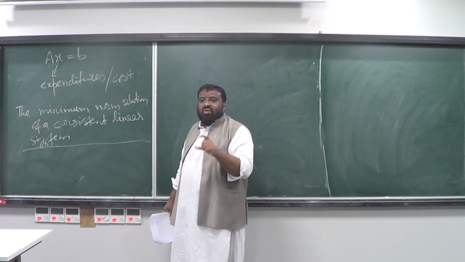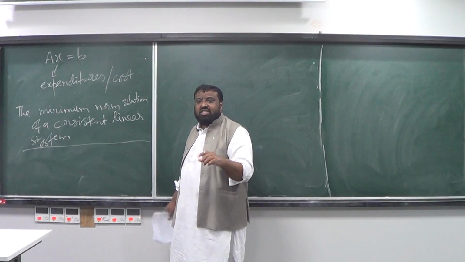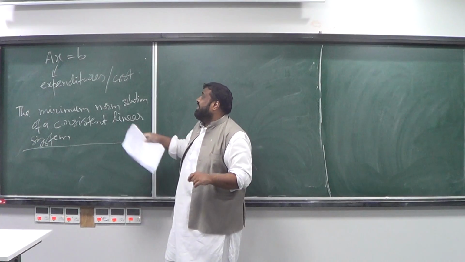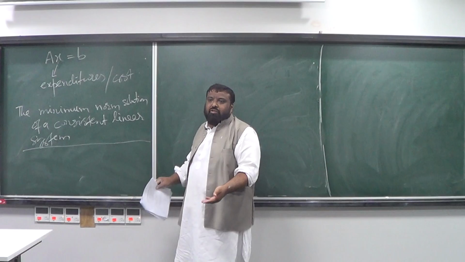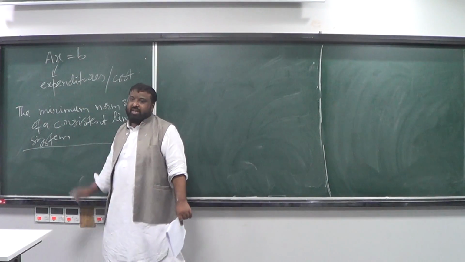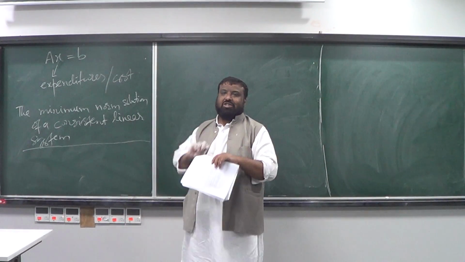The question is, what would be the x whose norm is minimum and still solves the system? That can model all those situations where you want your x to be expenditures, and you want your expenditures to be minimized.